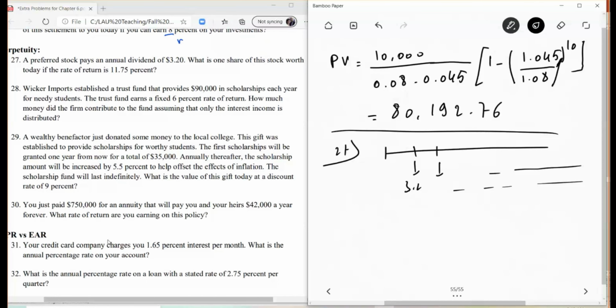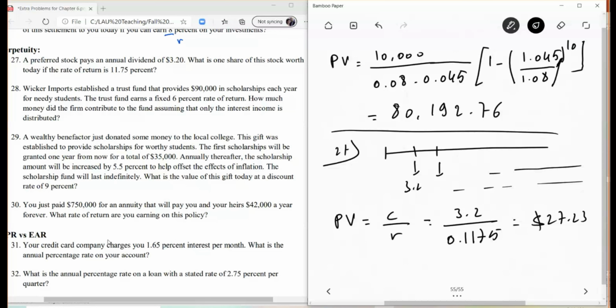In this case, the present value is equal to C divided by R. So this is 3.2 divided by 0.1175. And the answer here is $27.23.